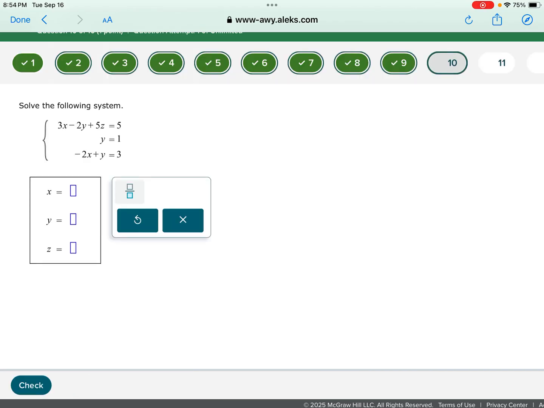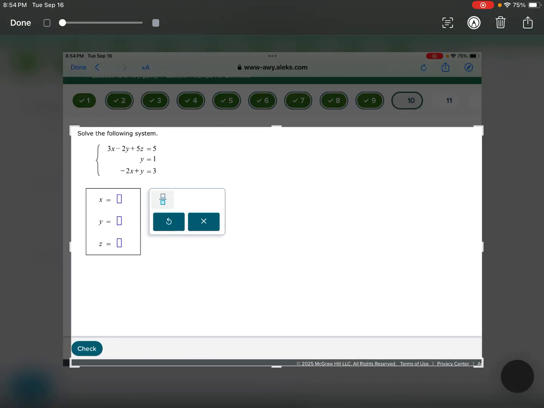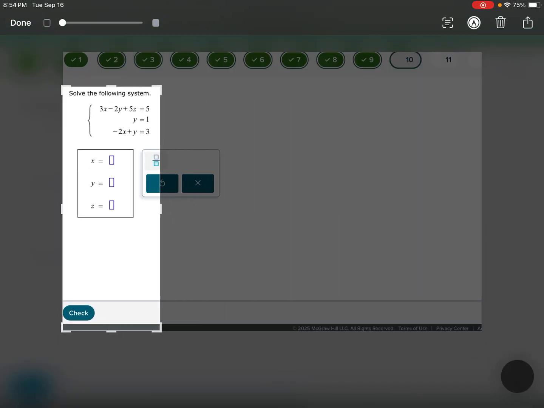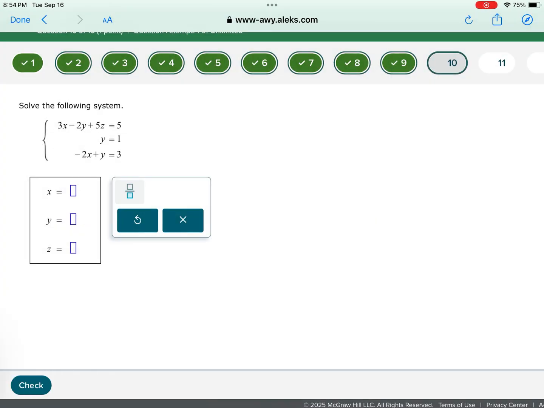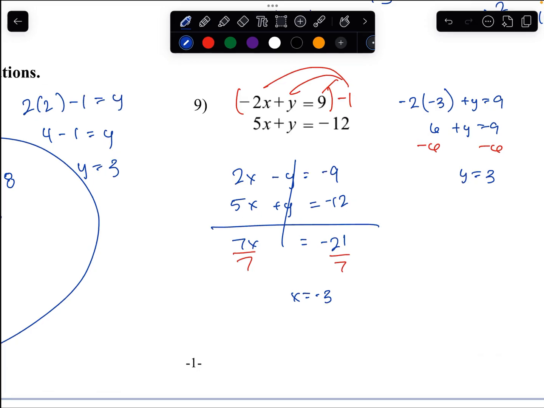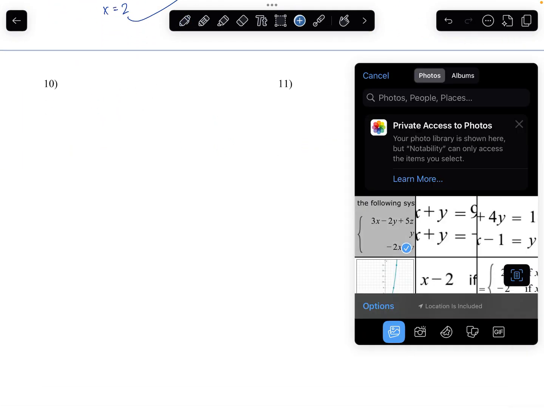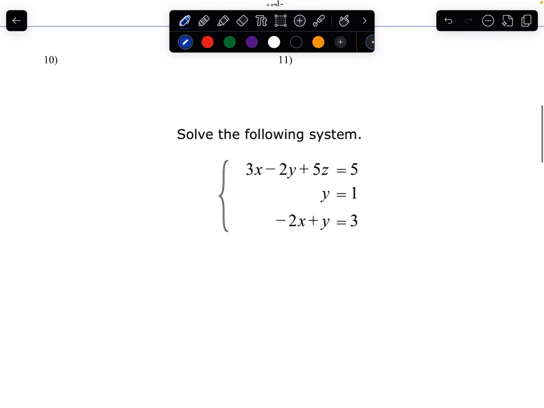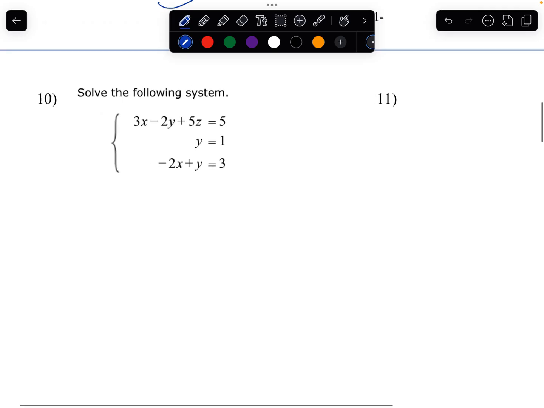For 10, we have a 3-variable, three-equation system. All right, we'll put that here. Okay, now this one is an easy substitution.